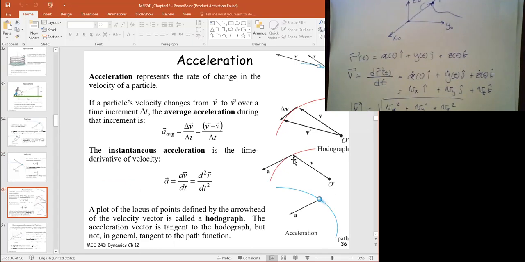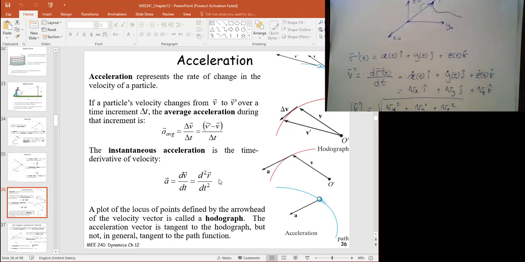The acceleration will have two components. One component is going to be tangent to the path, which we call tangential acceleration. And then it will also have a normal component, which is going to be perpendicular to the motion, and that has to do with the fact that your velocity vector is changing direction.